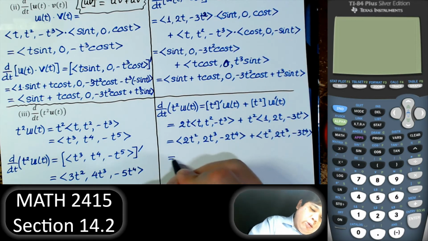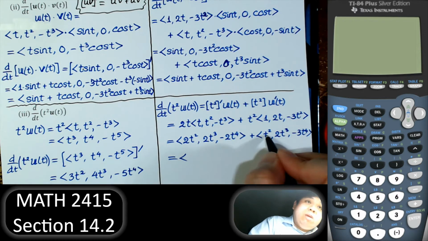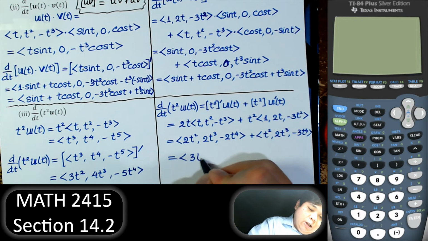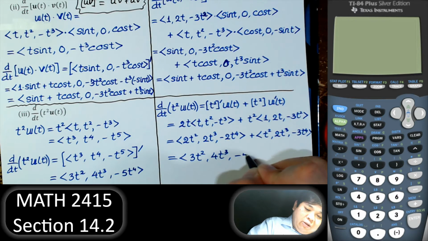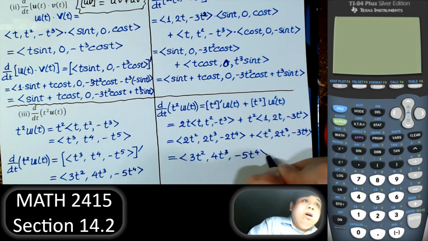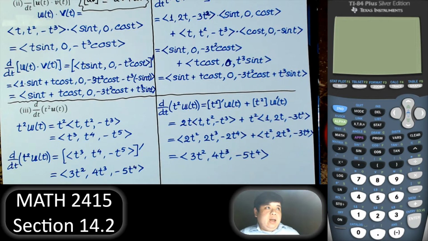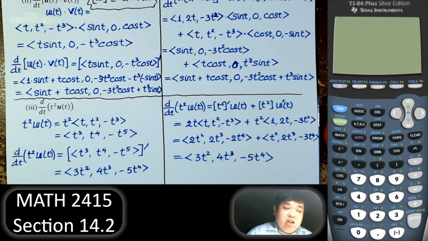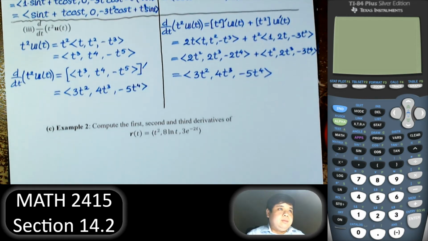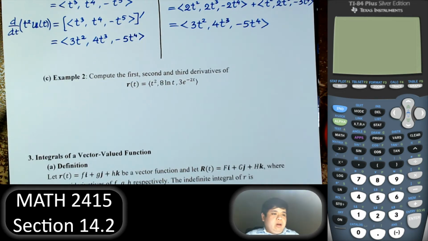And combine them: we will have 2t squared plus t squared, 3t squared; 2 and 2 make 4; and negative 2 and negative 3, that's negative 5. Of course we should have the same thing, whether we do inside the parentheses first or we apply the product rule, it's still the same.